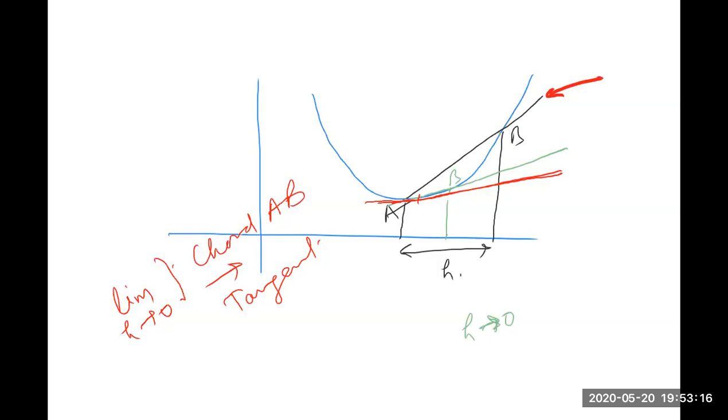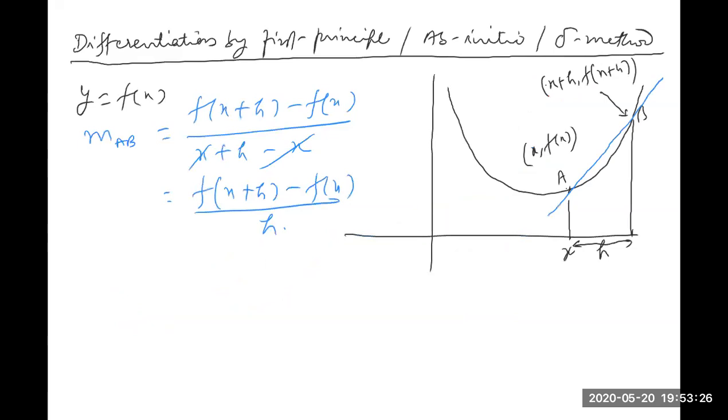And the slope of the tangent is dy by dx. So that is a very, very important condition here. When limit h tends to 0, the slope of the chord AB, which is (f(x + h) - f(x)) upon h, will become dy by dx.